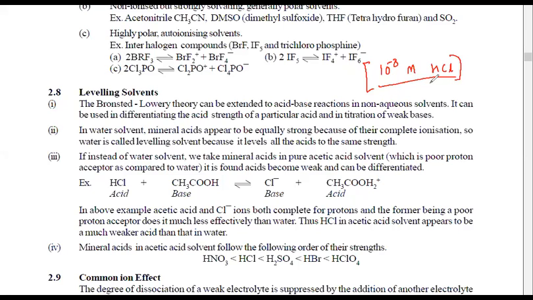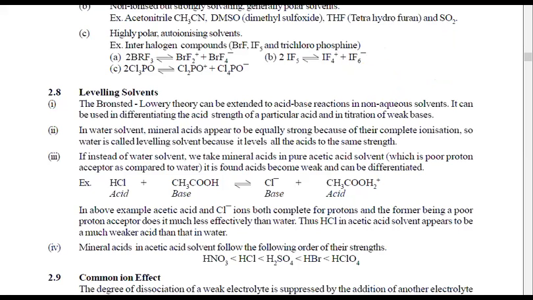Most of you say that pH would be 8, but obviously it is wrong.